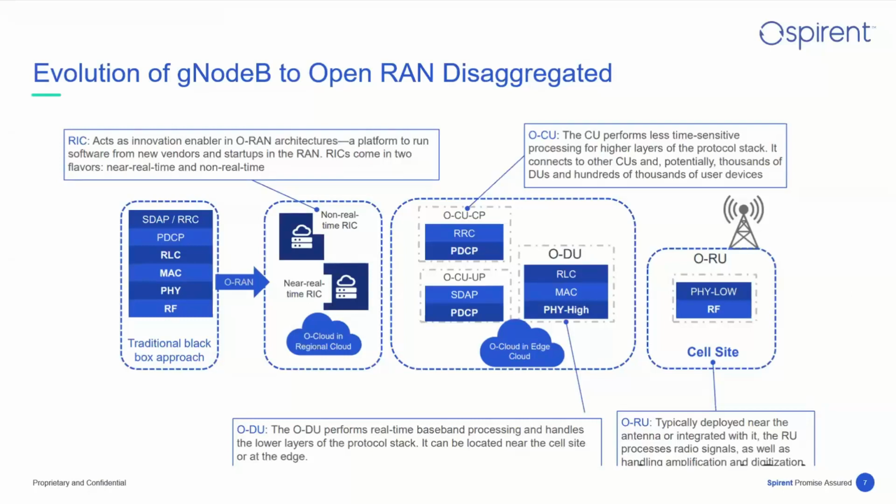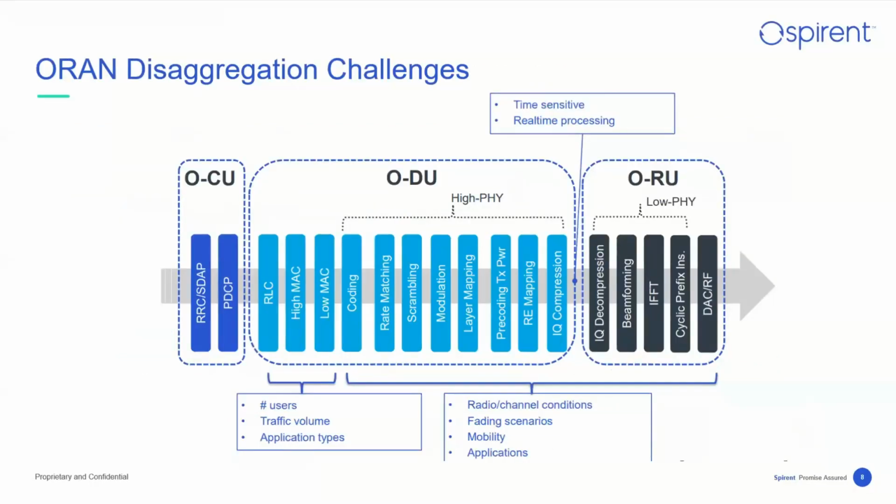And if we see further how this architecture is going to help in processing real-time applications and non-real-time applications, I'm going to cover a few more slides on that. So there are time-sensitive applications where real-time processing is required, and that's where the ODU is having the Hi-Fi, and you see from coding to IQ compression, a lot of processing is dependent on the channel conditions, like how good the radio condition is, right?